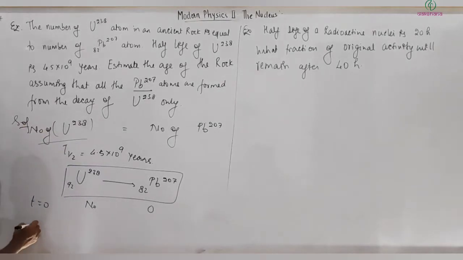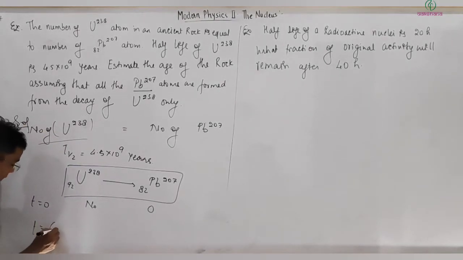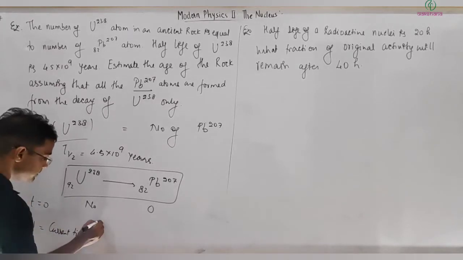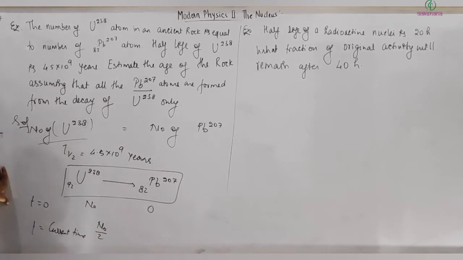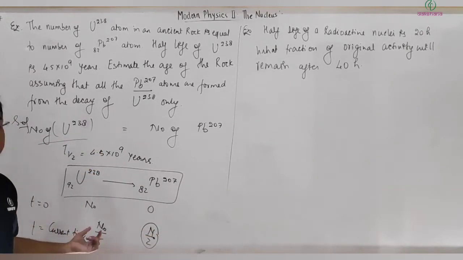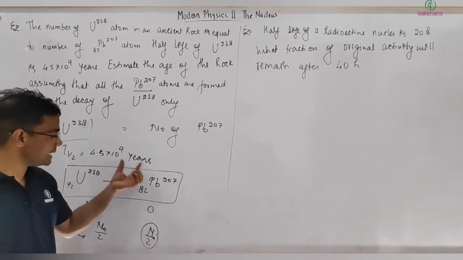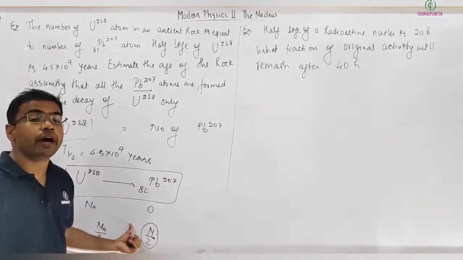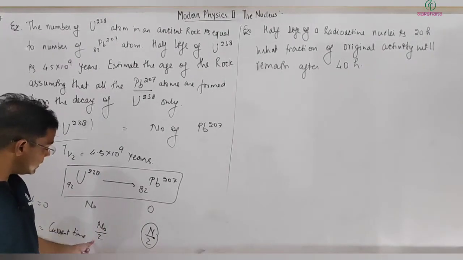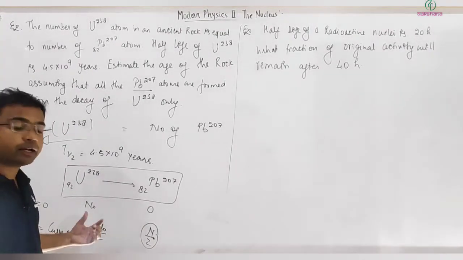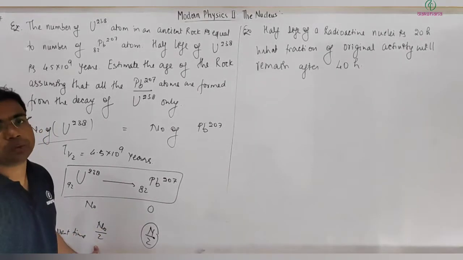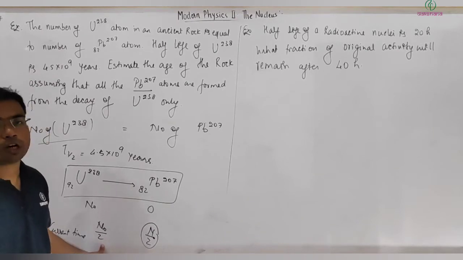Now in the current time, this has become N0 by 2, and this is also N0 by 2, because the number of nuclei decayed will be exactly the number of nuclei of this form. Now you understand what this actually is. In what time does the number of radioactive nuclei become half? We know it is the duration of one half-life.